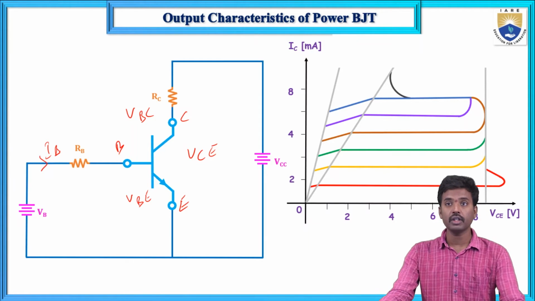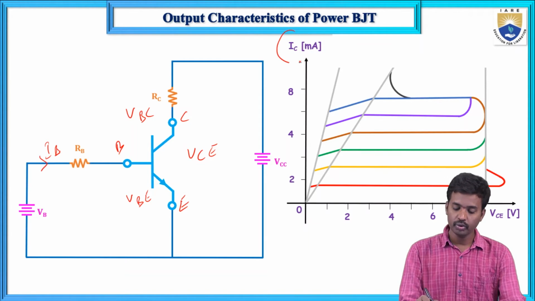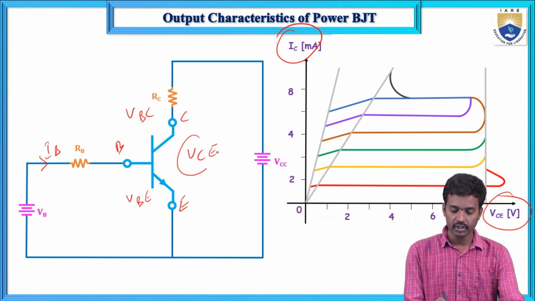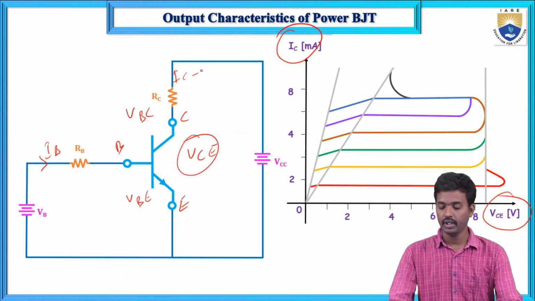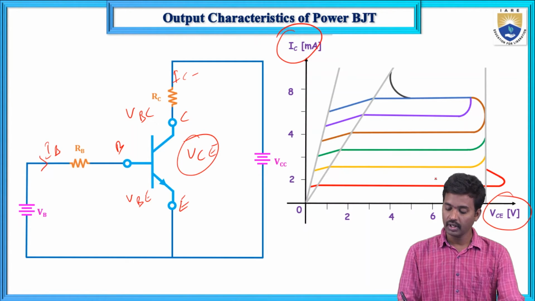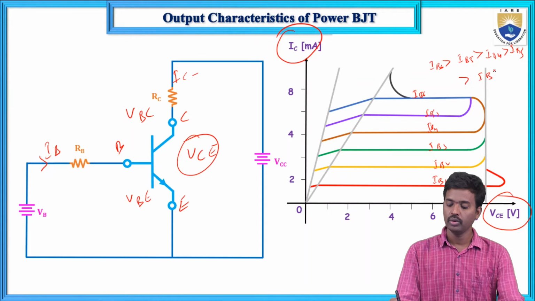If you draw the graph between output current and output voltage for different base currents IB1, IB2, IB3, IB4, IB5, IB6, then IB6 is greater than IB5, greater than IB4, greater than IB3, greater than IB2, greater than IB1.